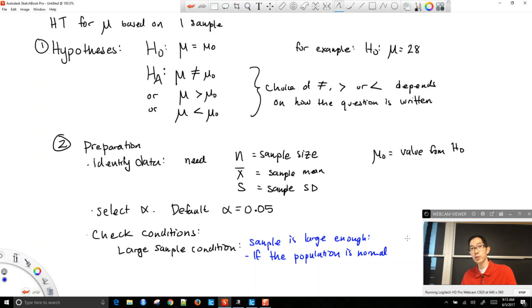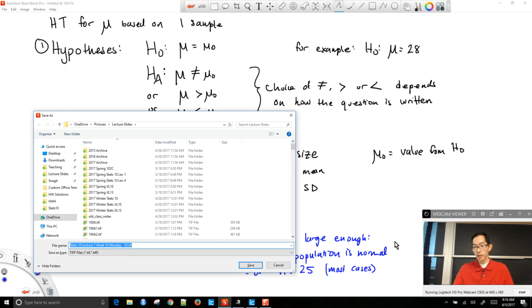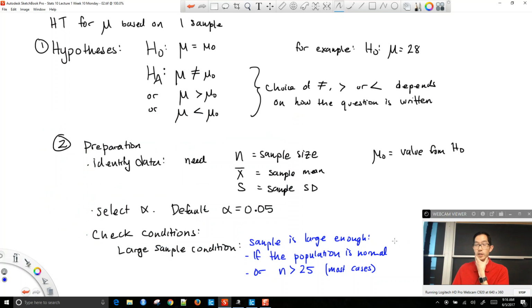So if the population is normal, any sample size is large enough, or the rule of thumb is n is greater than 25, in most cases. If the population is not normal, meaning it's not unimodal and symmetric, then n should be larger than 25. And then the other ones are, you've got a big population, and then random and independent, right?